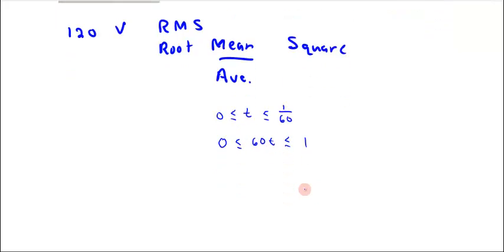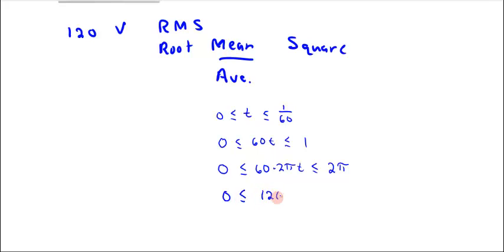And then remember, we want it to go from 0 to 2 pi, because that's the period for sine. So if I multiply by 2 pi, I'll get 60 times 2 pi times t is equal to 1 times 2 pi. So as t goes from 0 to 1/60, this expression will go from 0 to 2 pi.